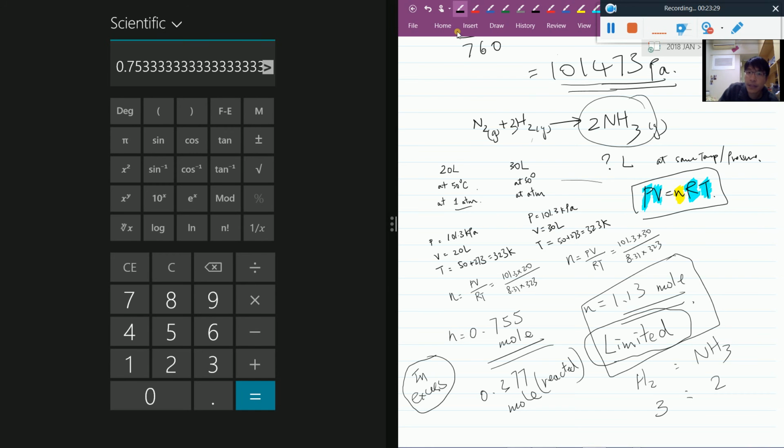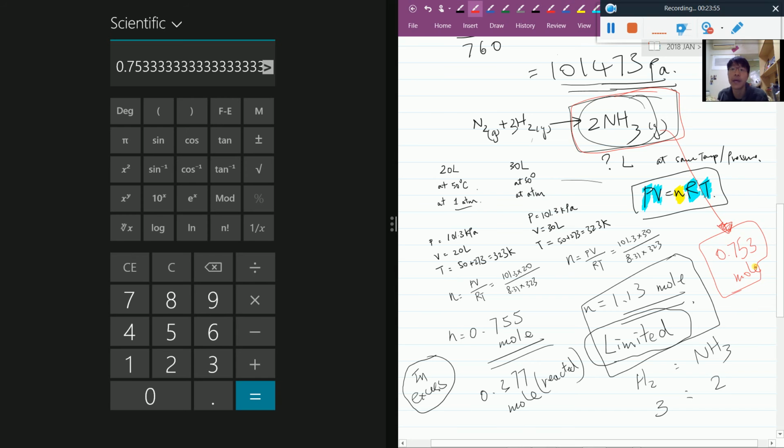So the good thing is, looking at the mole ratio, we can very easily find the answer. Changing the ratio, the 2 ammonia is a 3 to 2 ratio, and 0.753 mole is going to be produced at the end of it. Right? At the end of it.